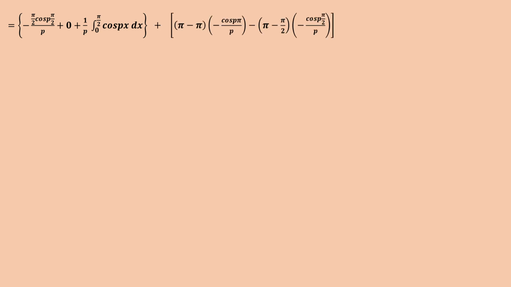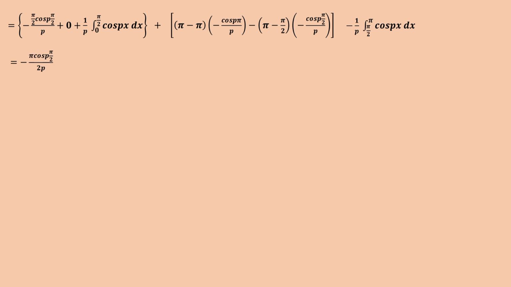So at the upper limit the second value is pi minus pi, then minus cos p pi by p, minus pi by 2 minus cos p pi by 2 by p. Pi minus pi is 0 in this case. The second term: minus integral pi by 2 to pi cos px dx.